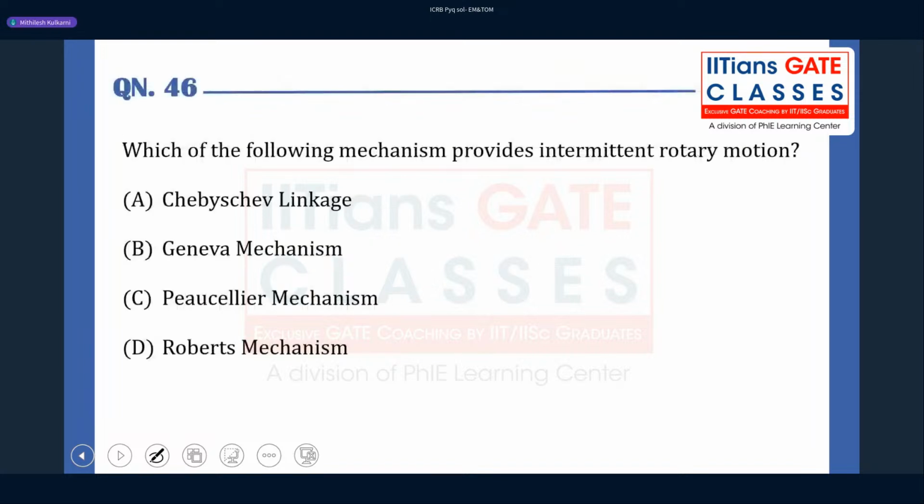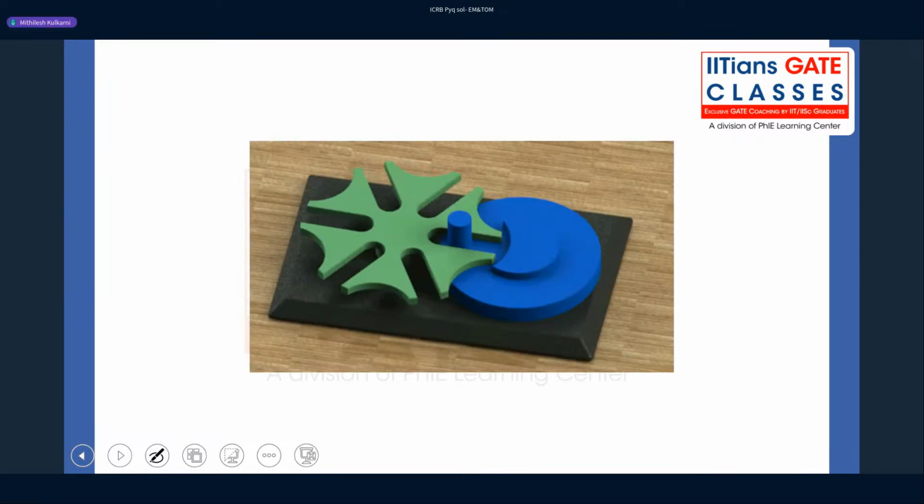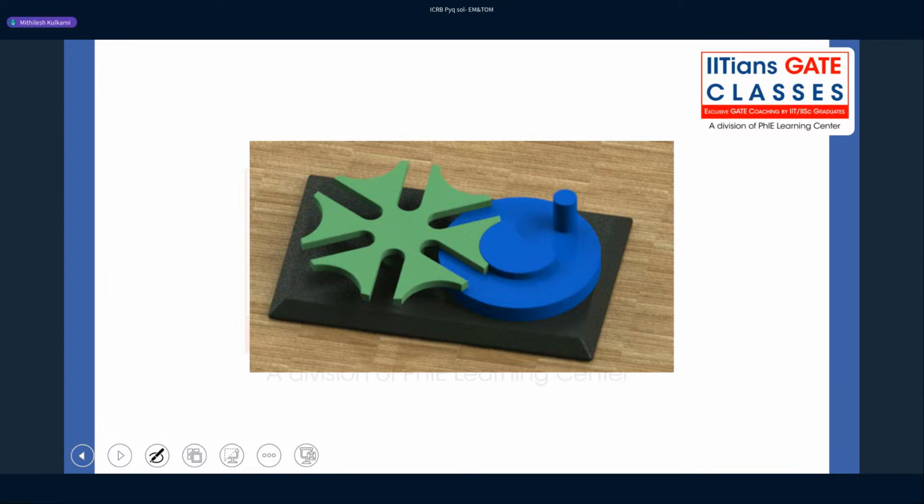Coming towards the next question. Which of the following mechanisms provides intermittent rotary motion? I have one video here to explain, so you can clearly see. We have two links here. Link number 1 is shown in blue color.